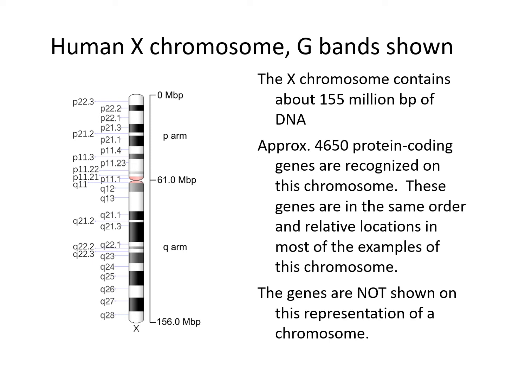Okay, importantly, this chromosome which everyone has two of, or they have one or two, depending if they're male or female, the genes are there in the same order and same relative locations compared to other examples of that same chromosome. It's important to realize that the genes are not shown on a G-banded pattern in this chromosome. That's a cytogenetic thing. It's not a genetic DNA thing, and we have to have other ways of representing and talking about the locations of the genes on this chromosome.